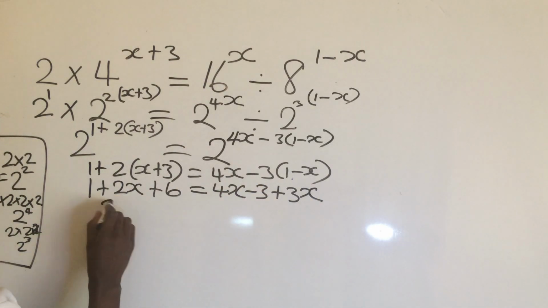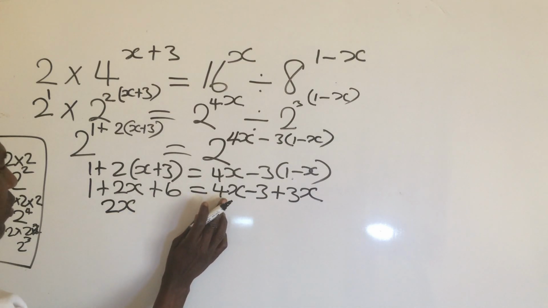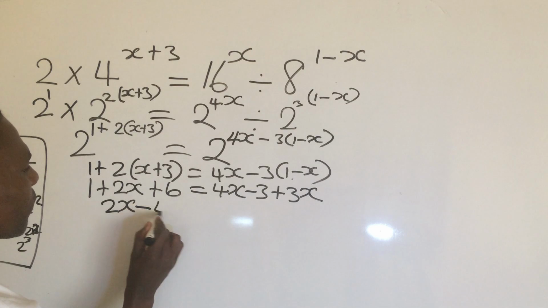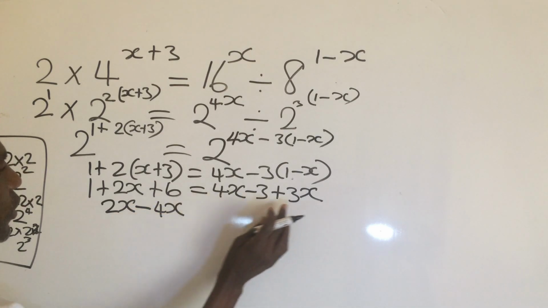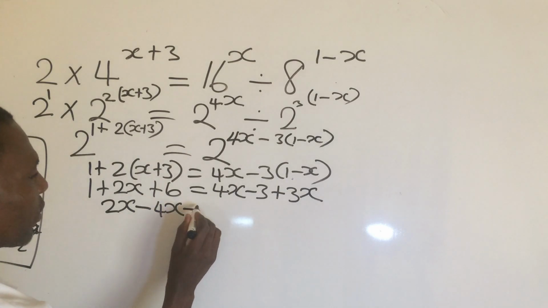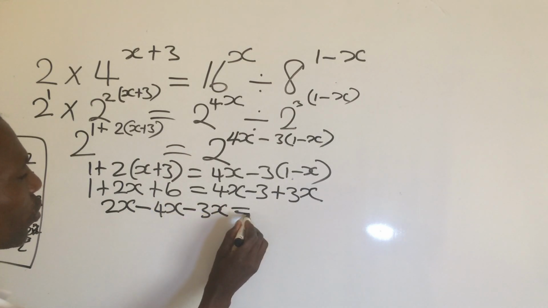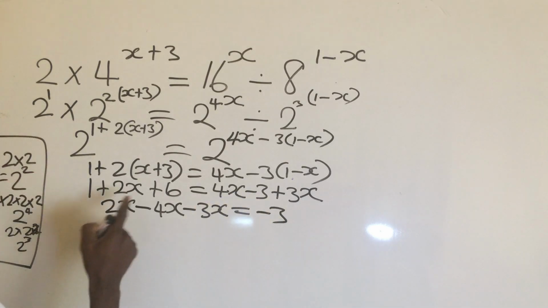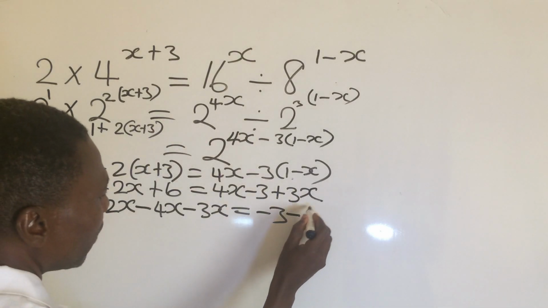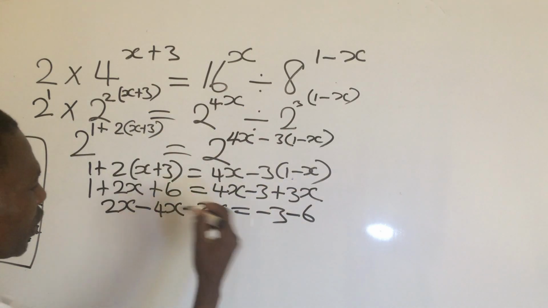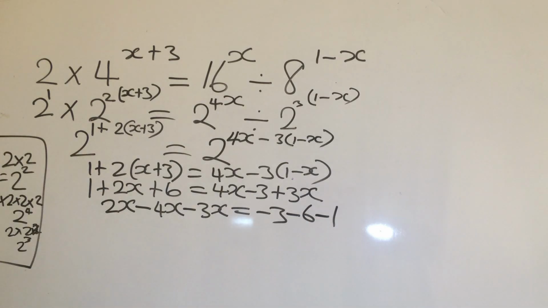Now we already have 2x here. Let us bring 4x to this side. When it crosses the sign of equality, the sign will change to minus 4x. The same thing with this one, it will change to minus 3x, equals, we have minus 3 already here. Then 6 will pass there, it will now be minus 6. And the 1 here, crossing the sign of equality, will change to minus 1. Let us subtract and add.